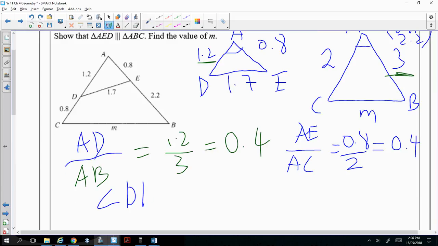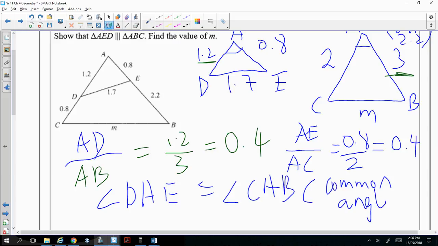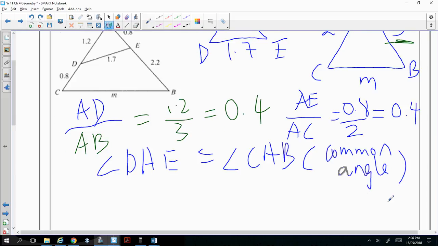Okay, so now we write a conclusion. Therefore, you just have to copy down the question: triangle AED is similar to triangle ABC, not equiangular. Two sides in proportion and the included angles are equal.